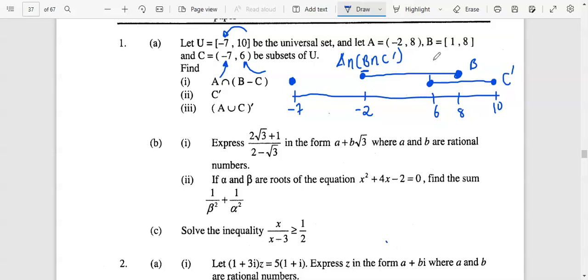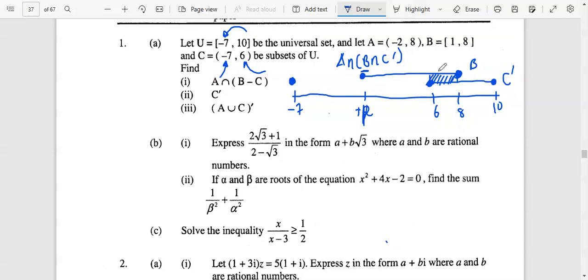It's not yet reflecting. Okay, so the set B is actually from +1. I wrote another set. That is from +1 up to +8, and we are including both +1 and +8.